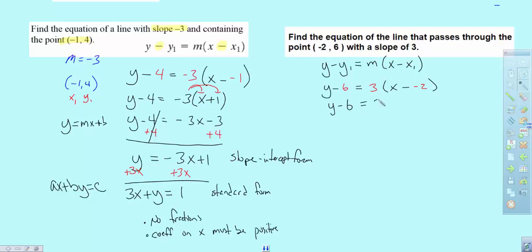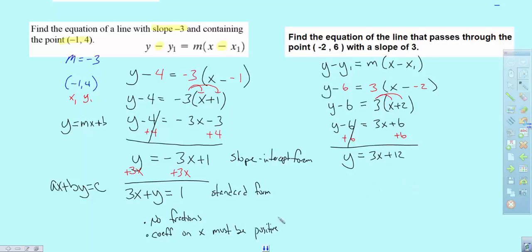Y minus 6 is equal to 3 times x plus 2. Y minus 6 is equal to 3x plus 6. I distributed my 3 inside. I start solving this to put it into slope-intercept form. So I add 6, and I get y is equal to 3x plus 12.